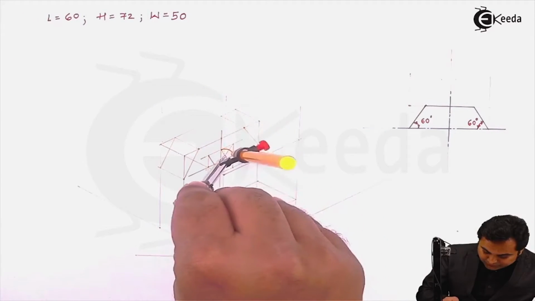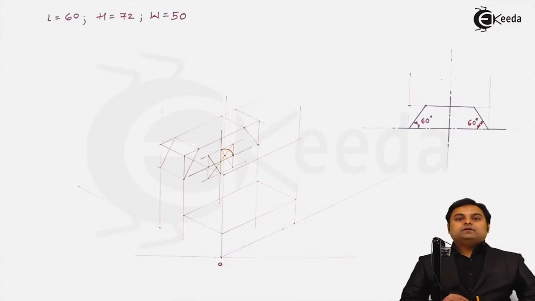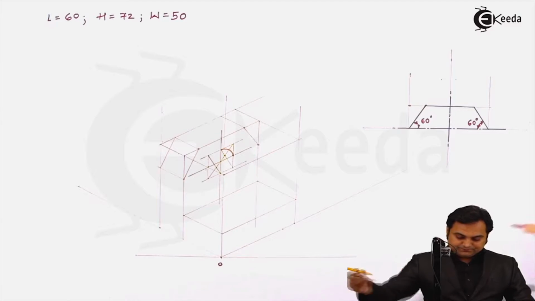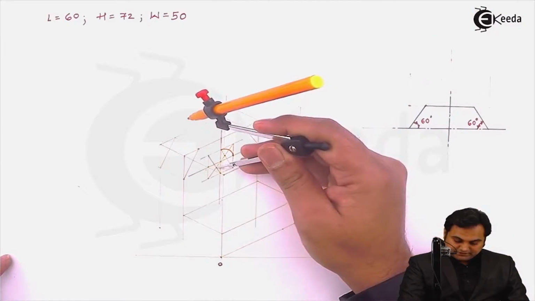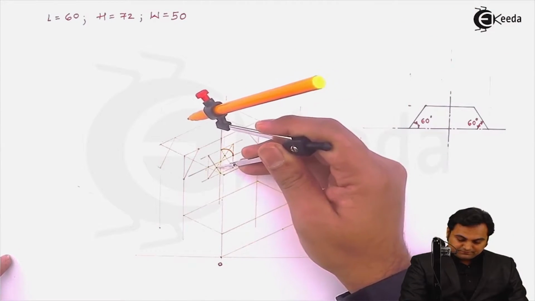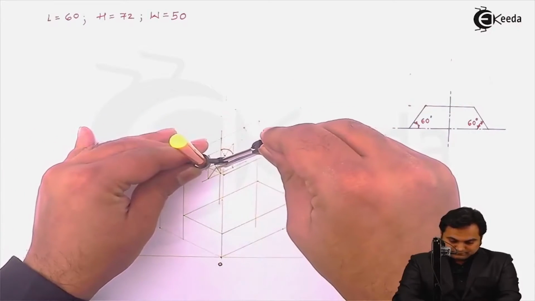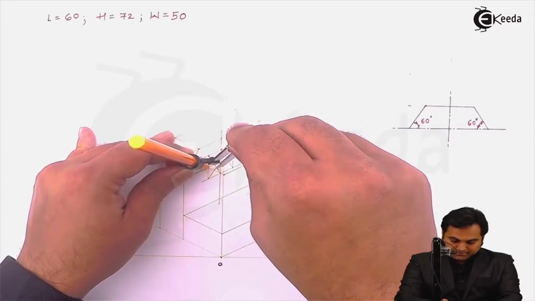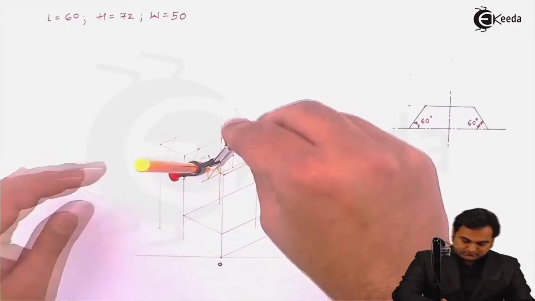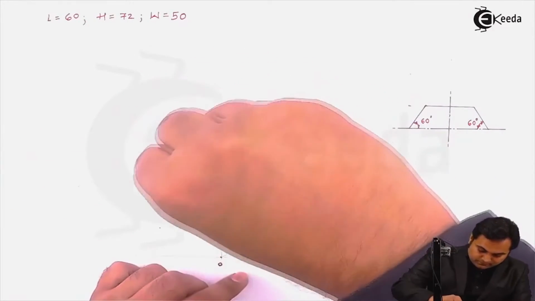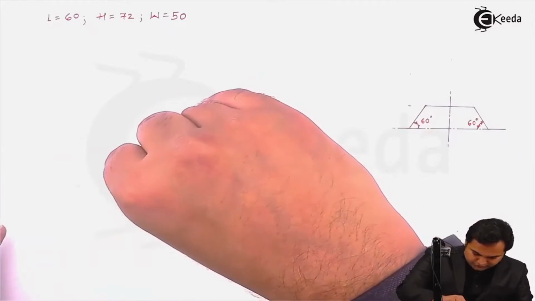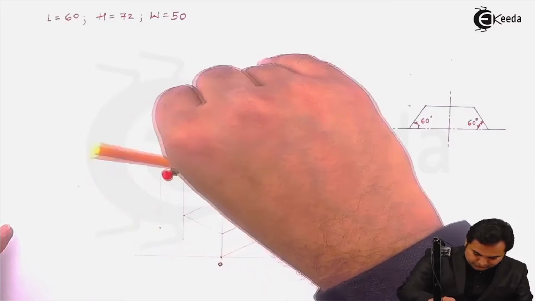Join these 2 points. Next, in a similar manner, take the other center as a reference. Take this distance as the radius. And join these 2 points.